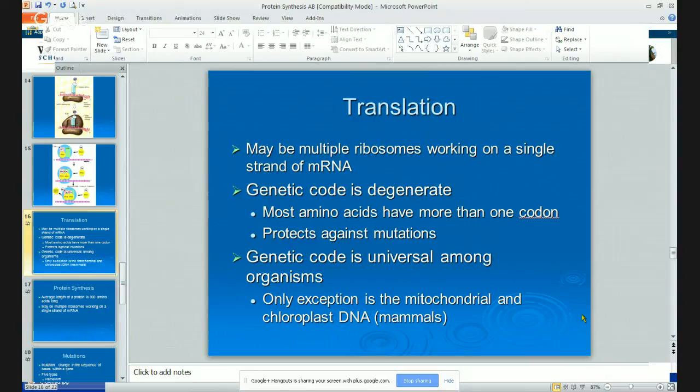So the hope is that you will be able to prevent some mutations, because while it's technically a mistake, it's still going to code for the same protein. So you're going to be okay. We'll talk probably next week about how mutations can affect a protein.